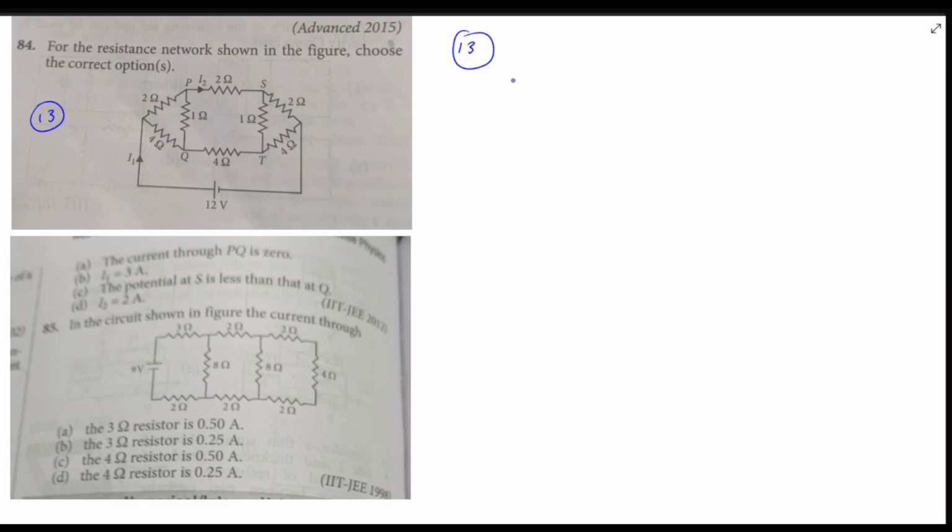So let me make this diagram. We have one resistance over here and another resistance, and this resistance is here. We have this resistance, another resistance, this is another resistance.